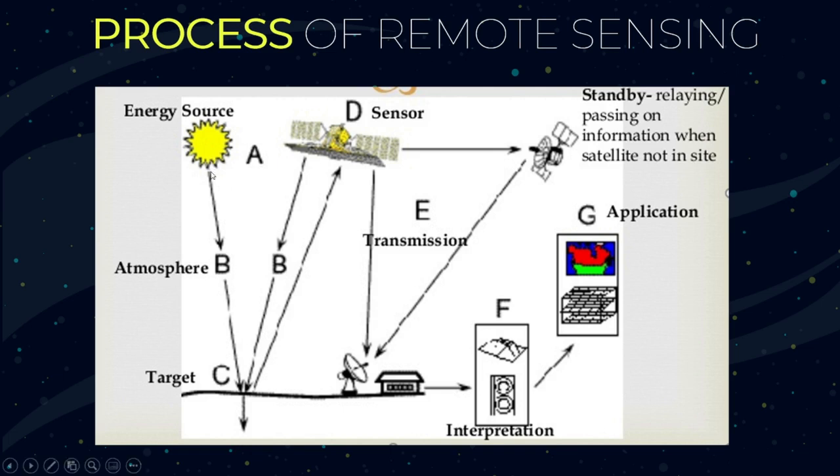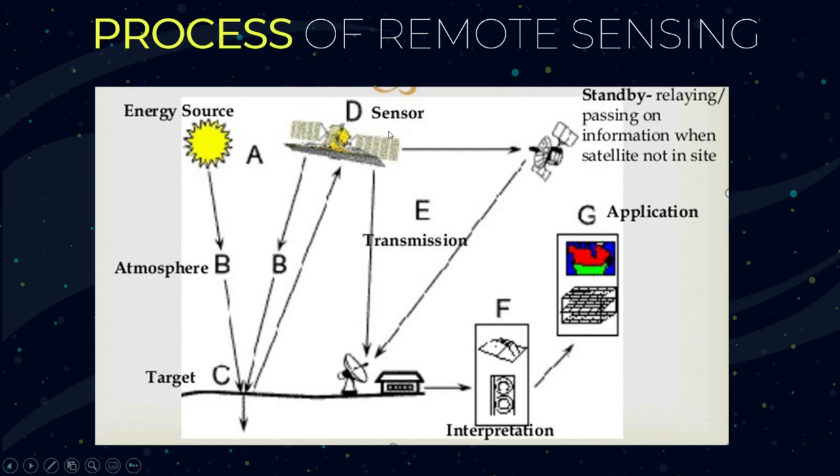So when the incident waves hit the target, part of that radiation is absorbed by the target and the rest of the radiation is reflected to the sensor. So the balance radiation is collected by the sensor, and that reflected radiation includes unique patterns.